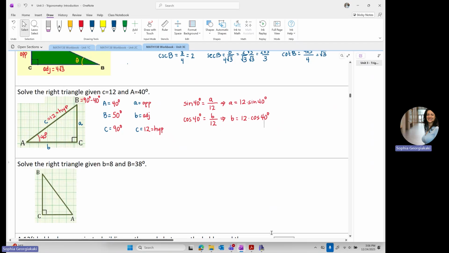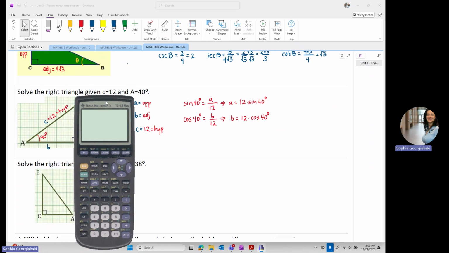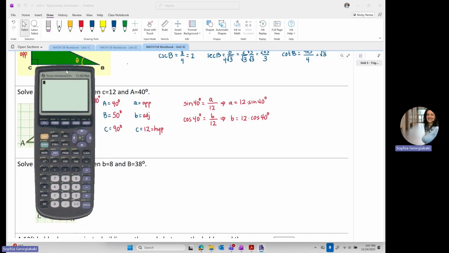Now, if I want to estimate, and they are not telling me where to round, it is customary to round in one additional decimal digit beyond that the measures are given in the problem. In this problem, the length of c is given as a whole number.